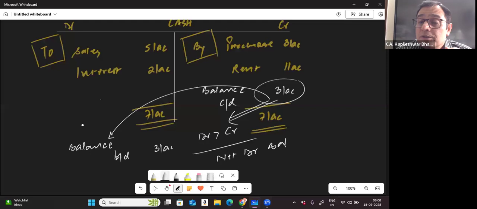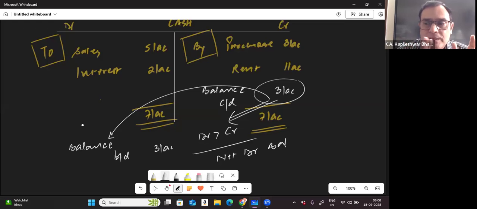When your balancing figure comes on the credit side, it means debits are more than credits. It's a net debit balance. If your balance comes on the debit side, that means the credits are more than debits, and therefore it'll be called a net credit balance.